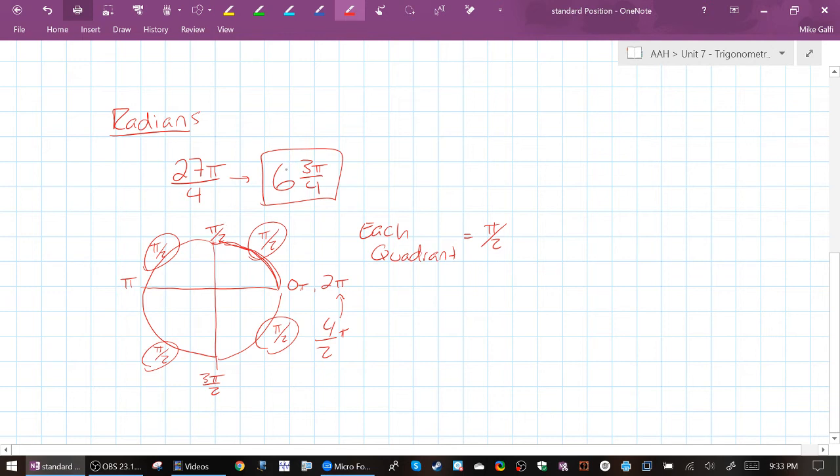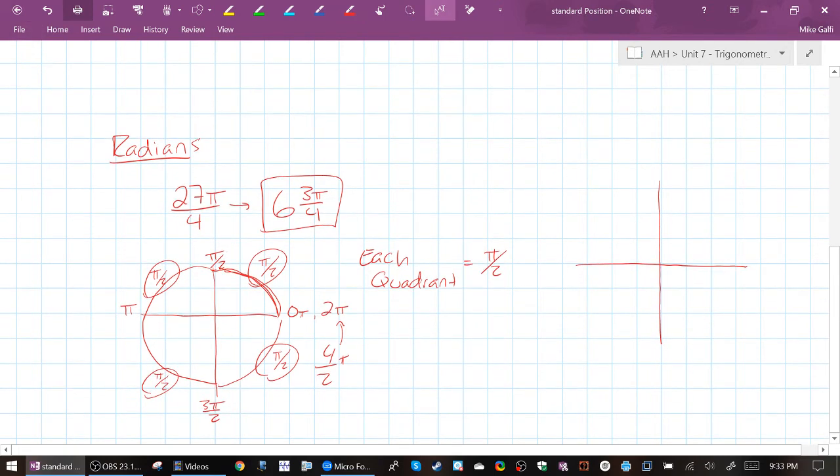So somehow I have to do 6 3/4 pi, right? So let's put that over here. To get to 6 pi, let's work with the whole number first. It is positive, so we're moving in a positive direction. If I go around once, that's one full circle, that's 2 pi right there.